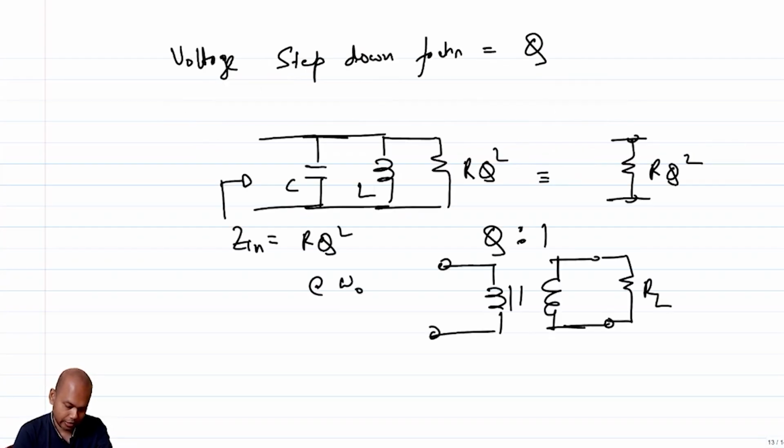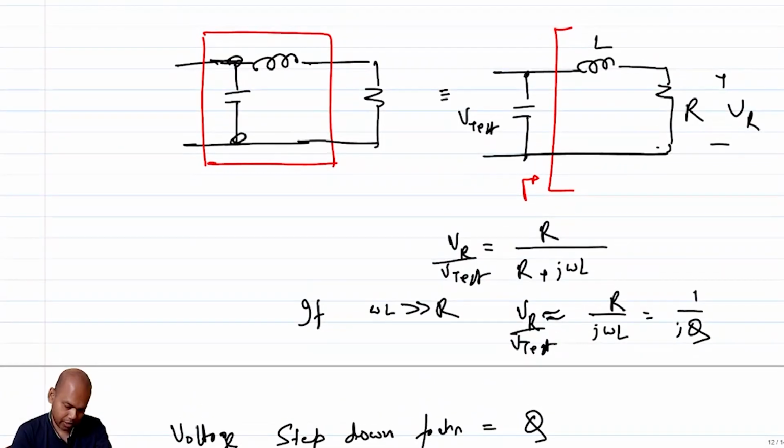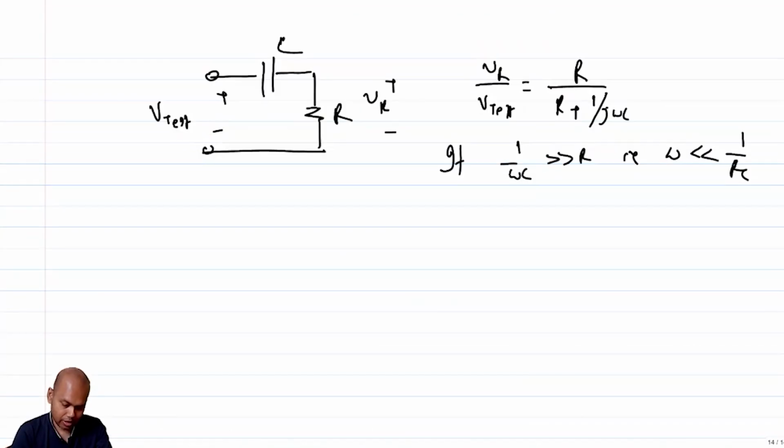Note that in the previous case we were operating at omega much greater than R by L. Here we are operating at omega much less than 1 over RC. Then your step down is happening, and VR over V test is essentially j times omega RC.